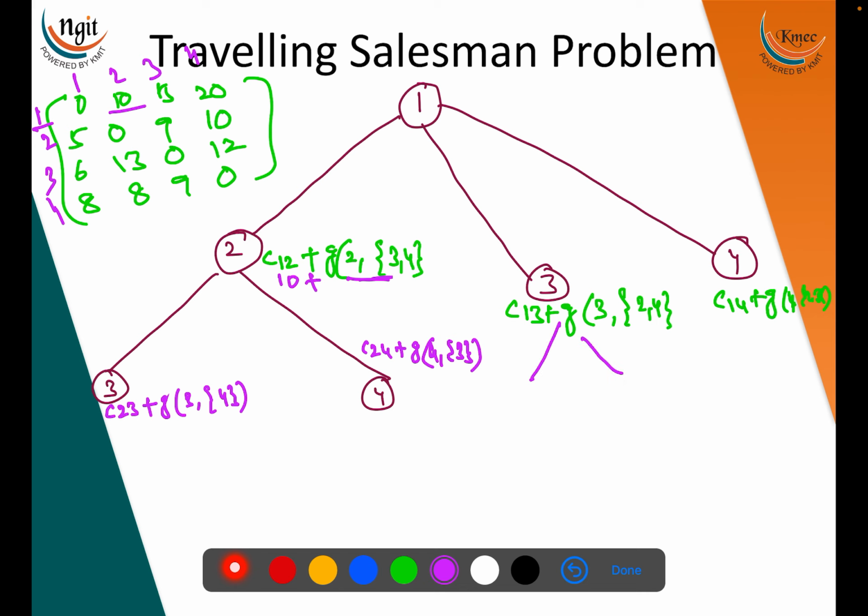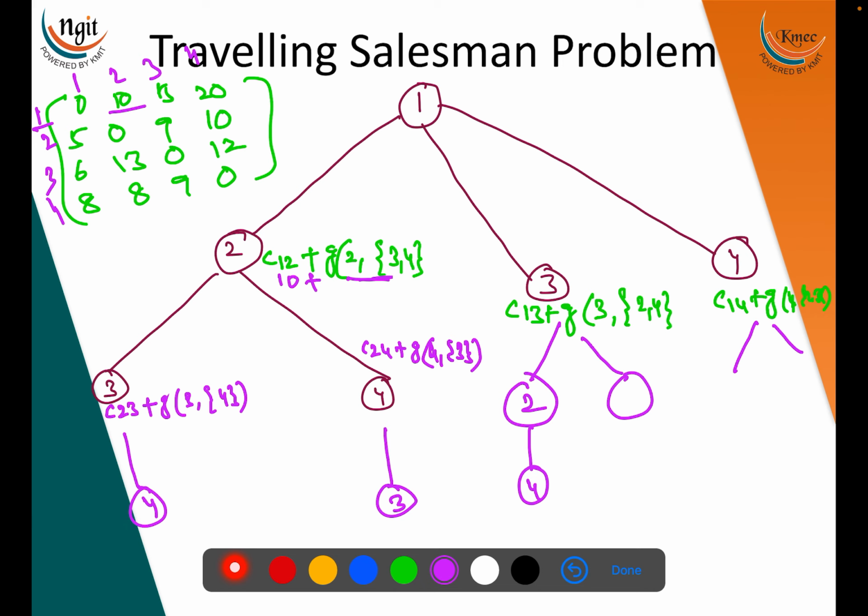Now the same here also you will get 2. Here also you will get 1. Here 1. And here which vertex? 2. And here which vertex? 1, 3, 2. Here it is 4. And here it is 4. 1, 2, 3, 4. And here it is 1, 2, 4, where 3 is not covered.